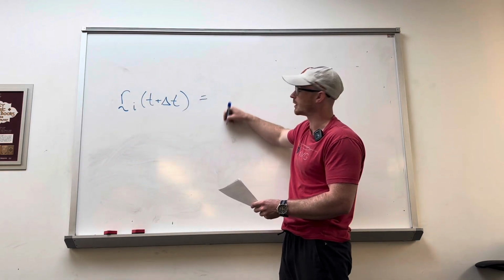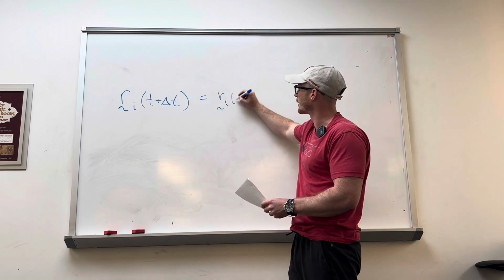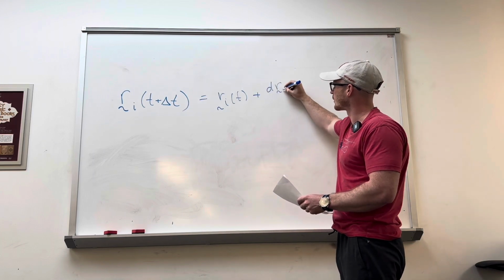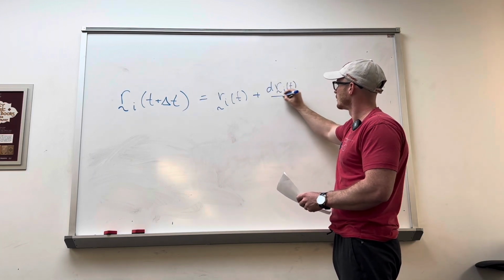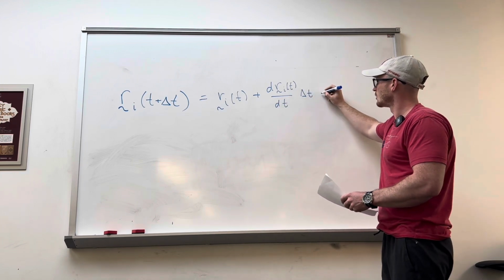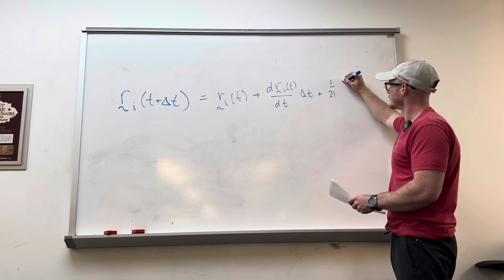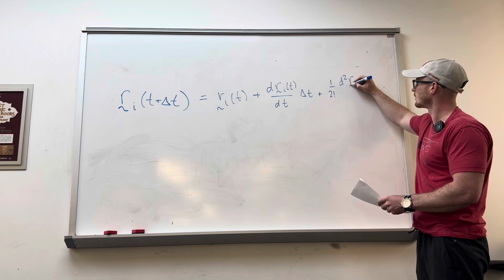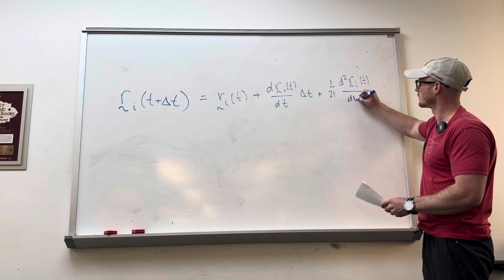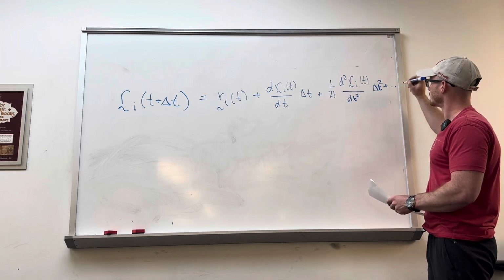in the following way, where we have our updated positions given by our initial position plus the derivative of our initial position with respect to t, times delta t, plus 1 over 2 factorial, the second derivative of r_i of t, d t squared, delta t squared, and so on.